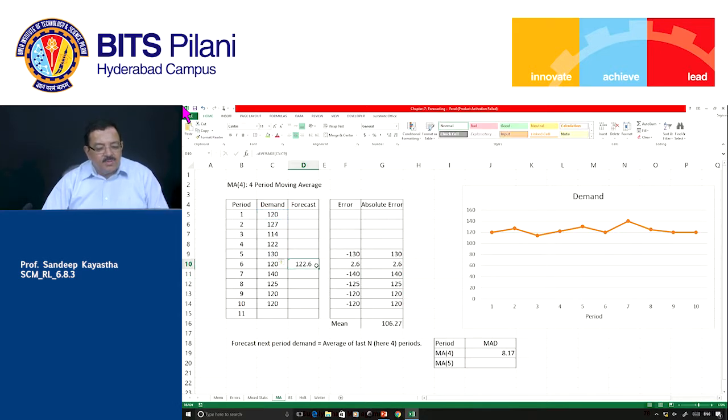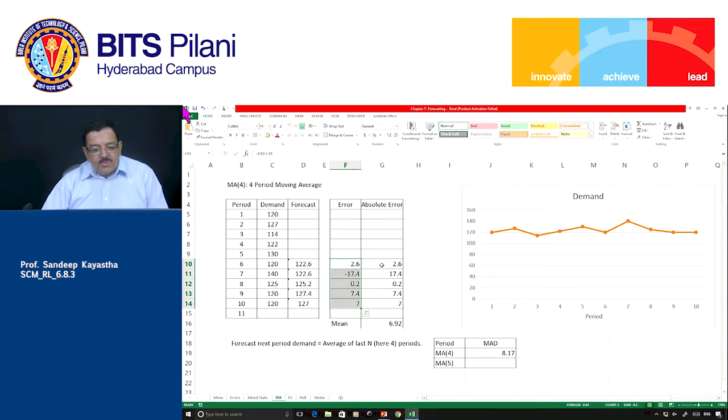This is my forecast. If I use 5 period moving average, this is what would have happened. So I made a forecast, actual value is this. I would have made a forecast, actual value is this. I would have made a forecast, actual is this. And consequently, your errors are this.